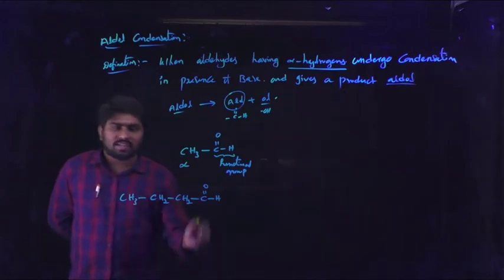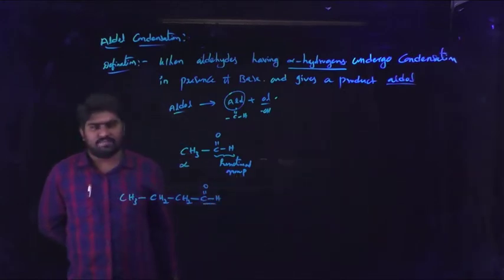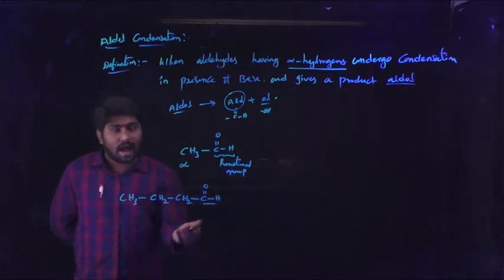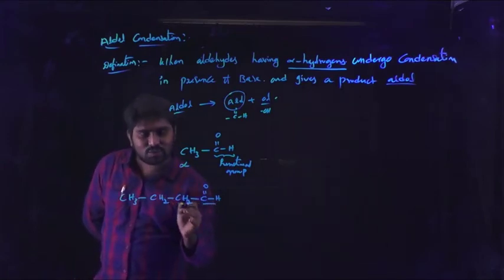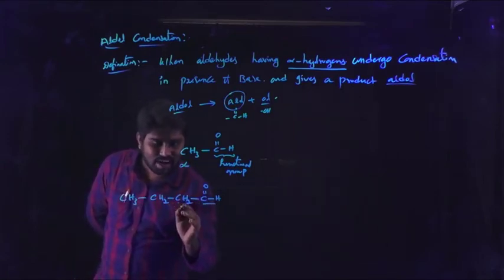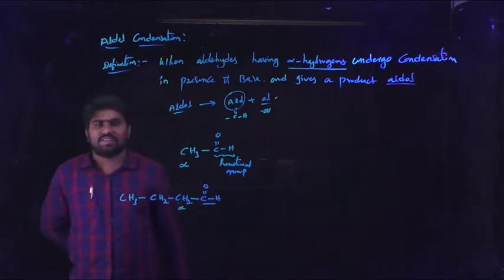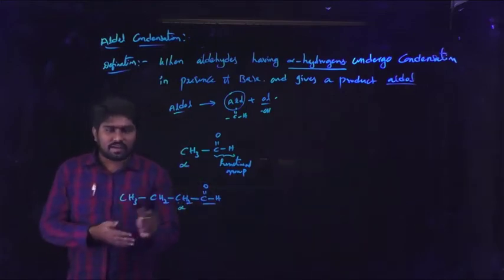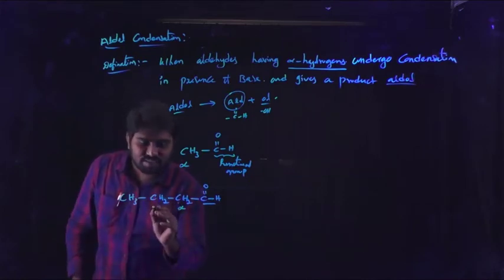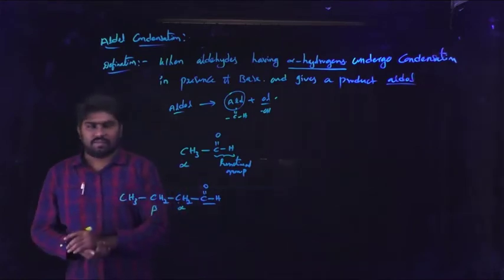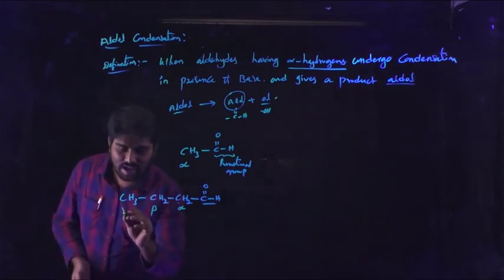So this is the functional group, aldehyde. The next carbon atom which is adjacent to the functional group is called alpha carbon atom. The next one, adjacent to the alpha carbon atom, is called beta carbon atom, and then gamma carbon atom.